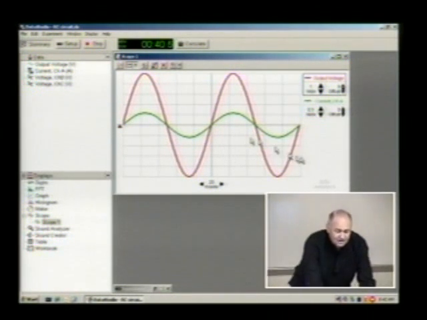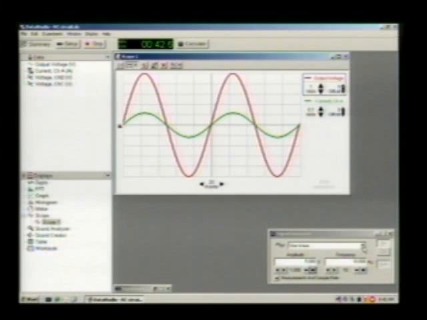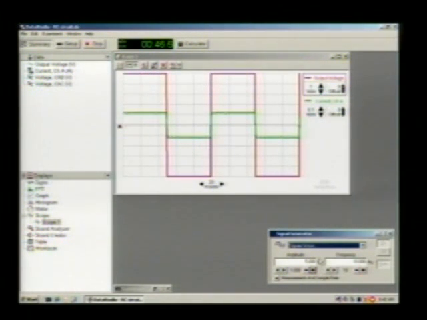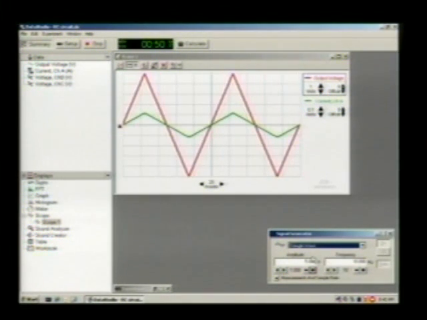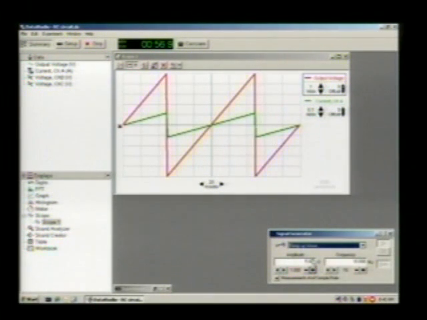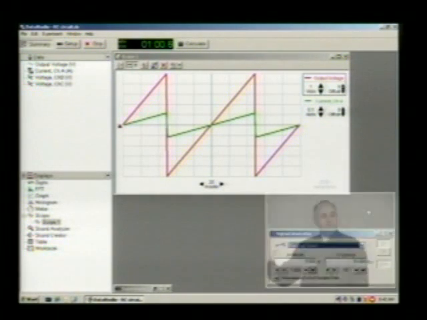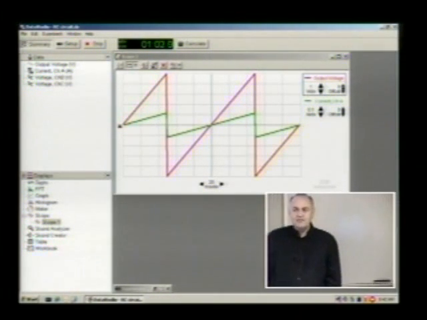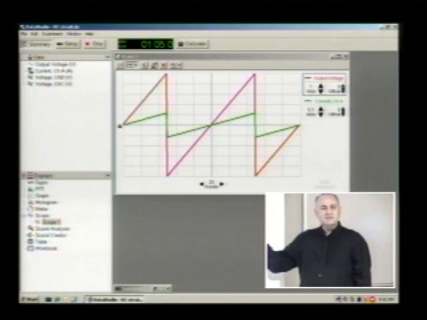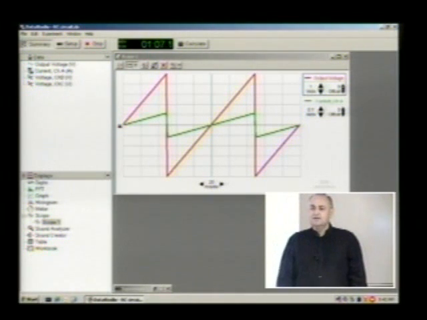And let's now play with some other waveform. So I put sine wave. Now let's have a square wave. How about if I change to triangular wave? Ramp up. Can you see from those plots which you saw that the element which we are looking at is a resistor?